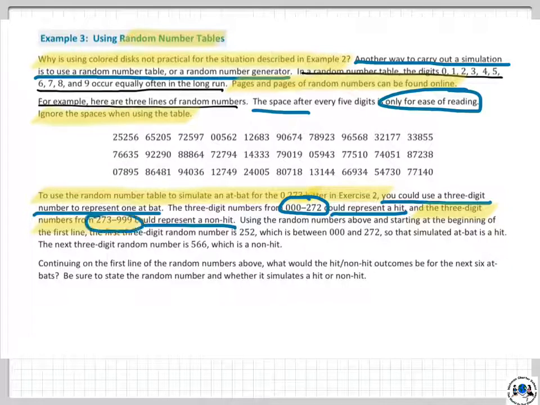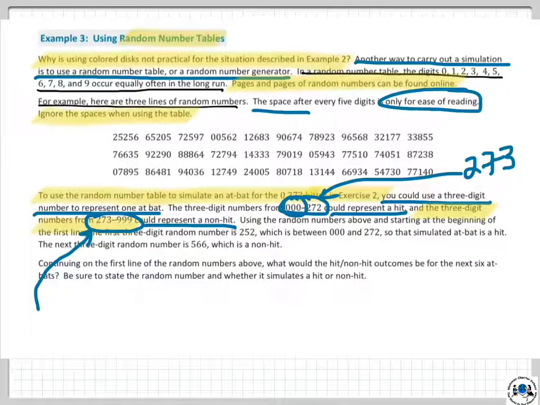This works out because this batter is batting .273. Inside the range 000 to 272 there are 273 possibilities, because 000 counts as one, and inside 273 to 999 there are 727 possibilities.